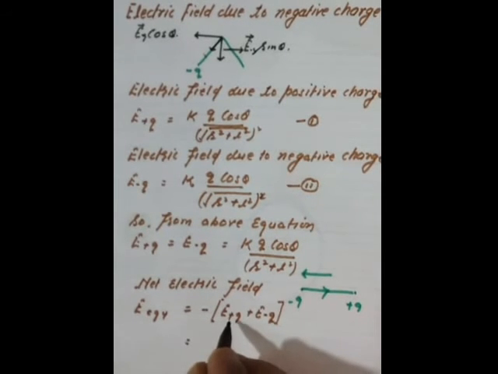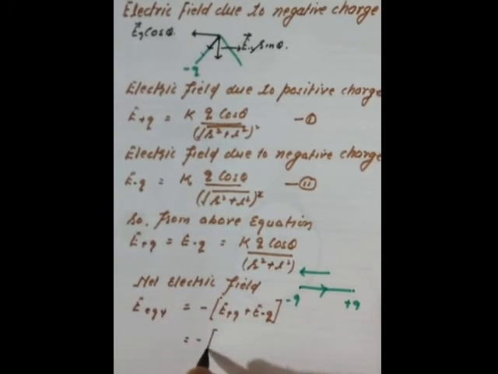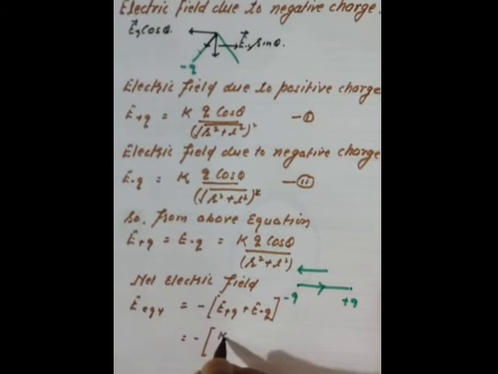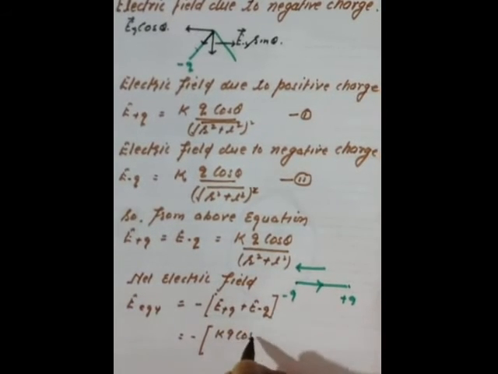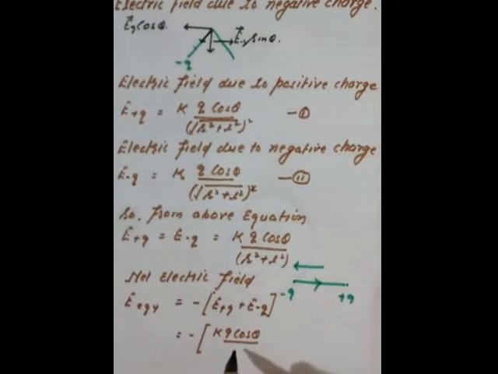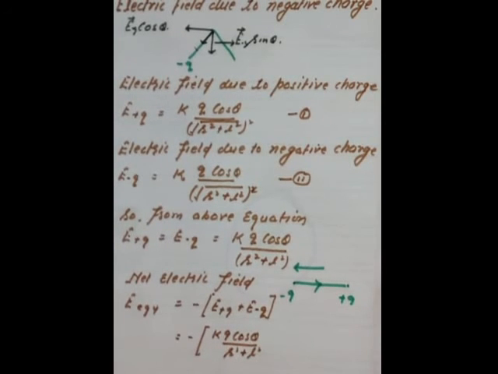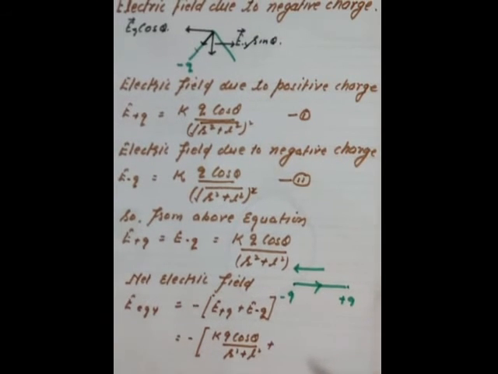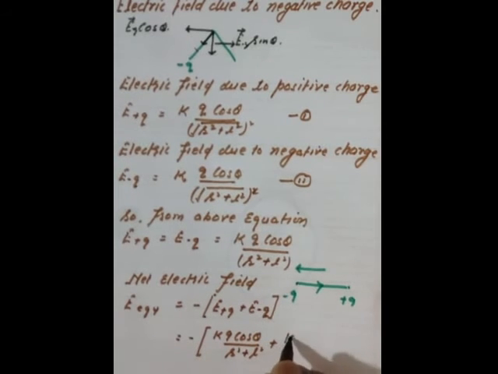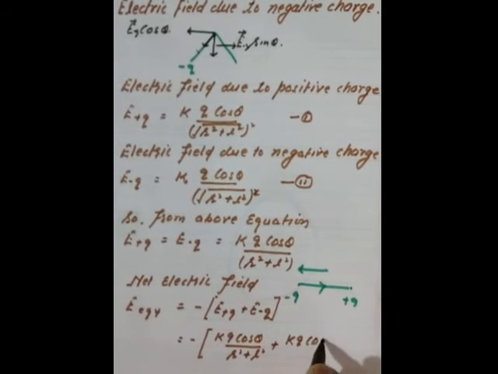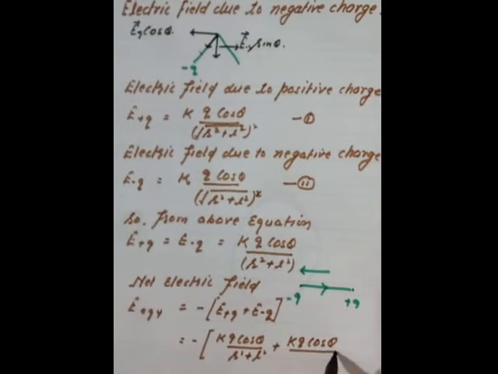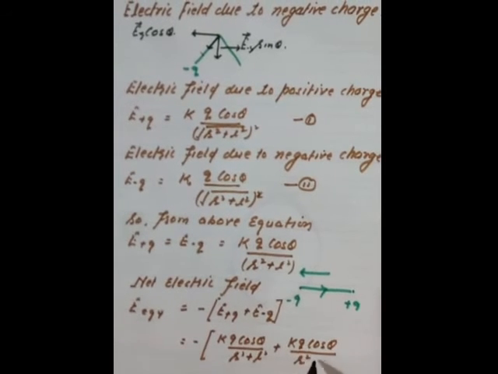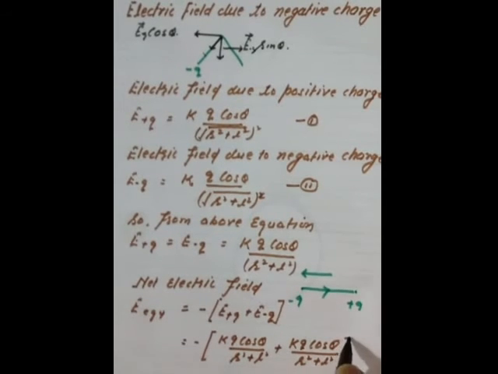Electric field by positive charge equals k q cos theta upon r square plus l square, added with kq cos theta upon r square plus l square.